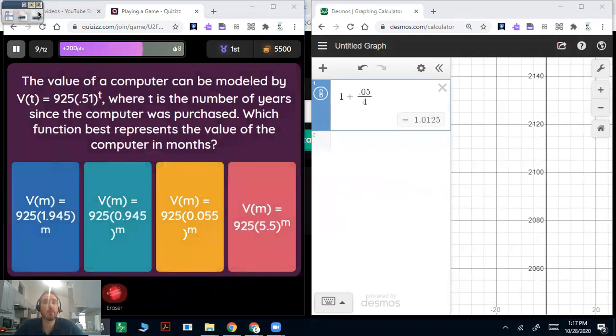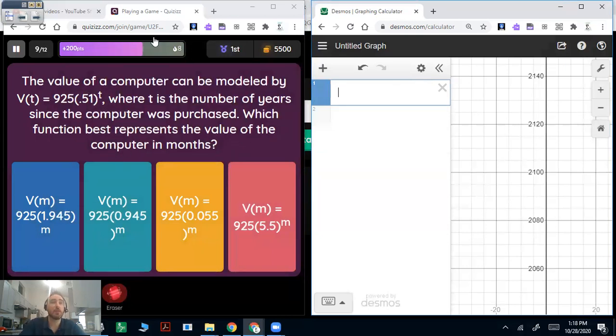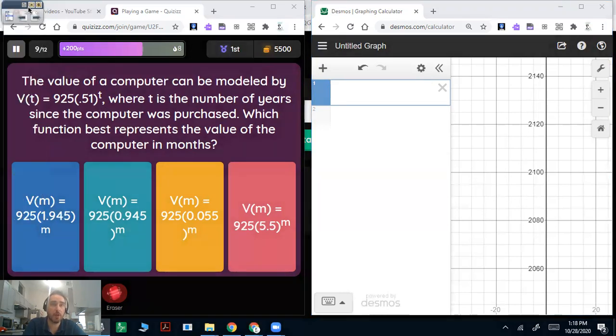All right, another problem. The value of a computer can be modeled by v of t equals 925 times 0.51 to the t power, where t is the number of years since the computer was purchased. Which function best represents the value of the computer in months? Remember that to convert between a year and a month, we have to think about two formulas.